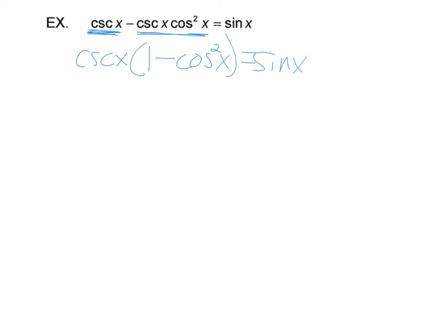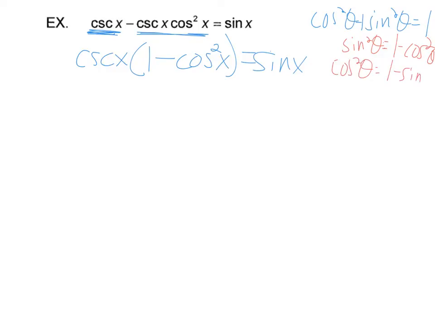Now, one trick that comes up quite a bit is in the Pythagorean identities, we have cosine squared theta plus sine squared theta equals 1. You can rearrange that. If I subtract cosine squared from both sides, I have sine squared equals 1 minus cosine squared. Or if I subtracted sine squared from both sides, I would have cosine squared equals 1 minus sine squared.